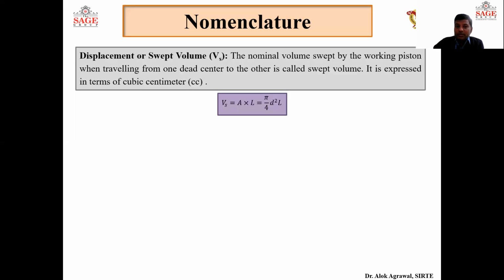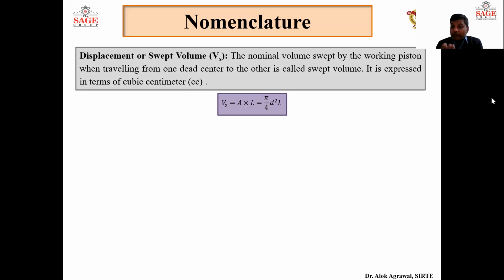Next, very important is swept volume, or sometimes we call it displacement volume. When the piston moves either from top dead center to bottom dead center or from bottom dead center to top dead center, it covers some distance, that is the stroke length. While covering that stroke length, it also covers some area, and when we multiply that area by the length, we get volume.